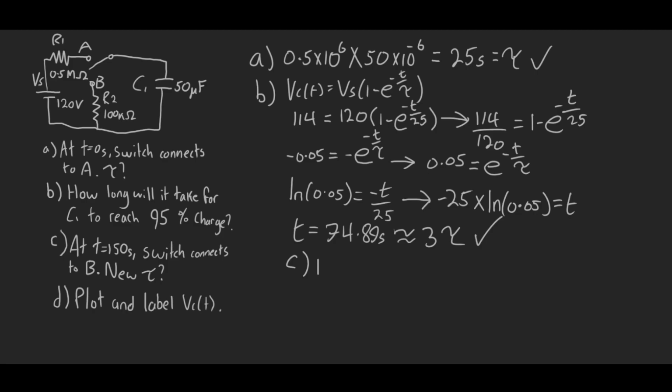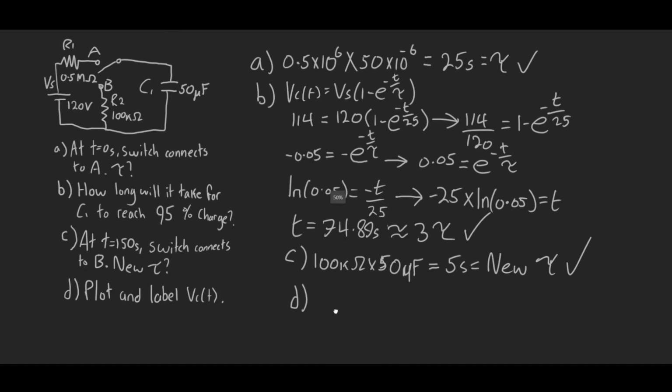So the new time constant is 100 kiloohms multiplied by 50 microfarad, which will give us a new time constant of 5 seconds. Now the last question here is to plot the results, and for that I will need a bit more space.